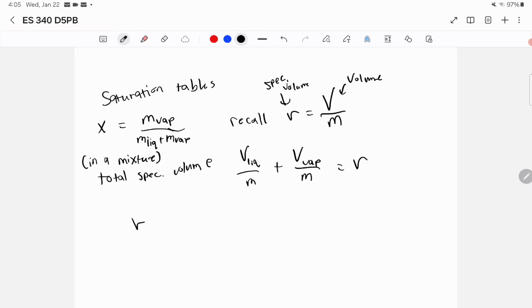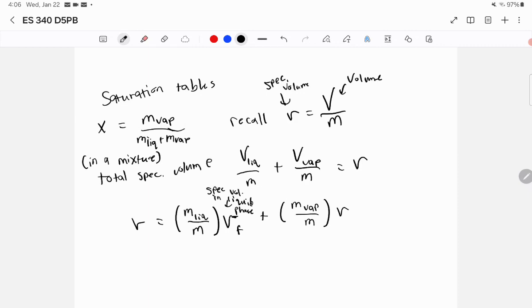So v then can be rewritten as the mass of the liquid over the mass times the specific volume in the liquid phase, Vf, plus the mass of the vapor over m times the specific volume in the vapor phase.